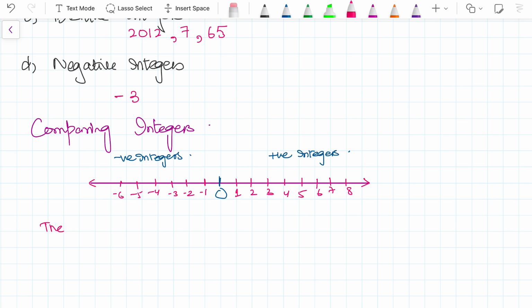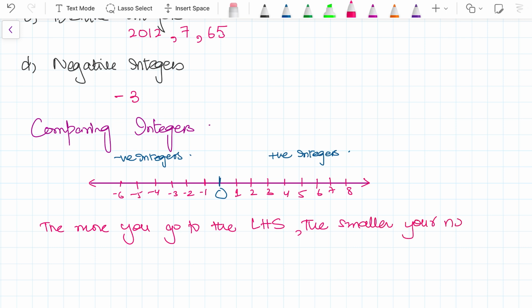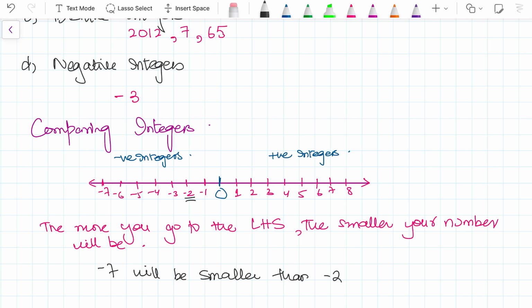The more you go to the left hand side, the smaller your number will get. Meaning, minus 7 will be smaller than minus 2, because minus 7 is towards the left hand side and minus 2 is comparatively to the right hand side from minus 7.